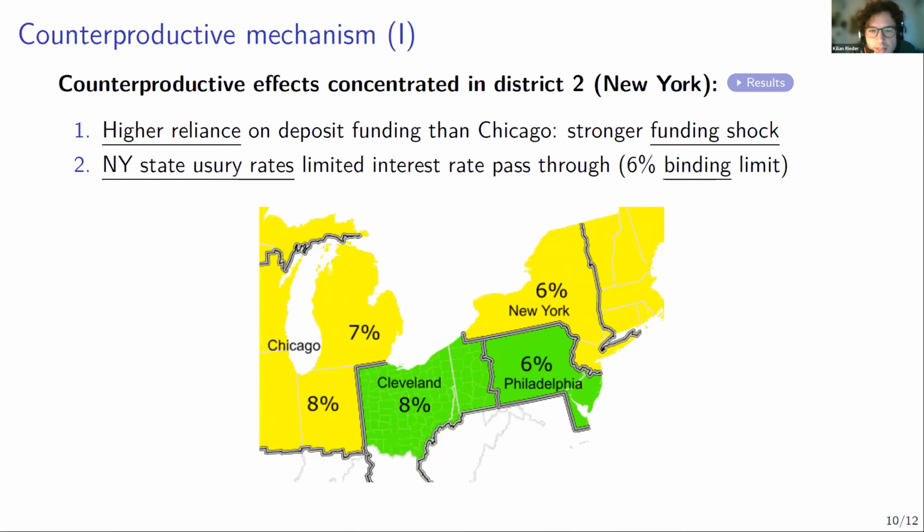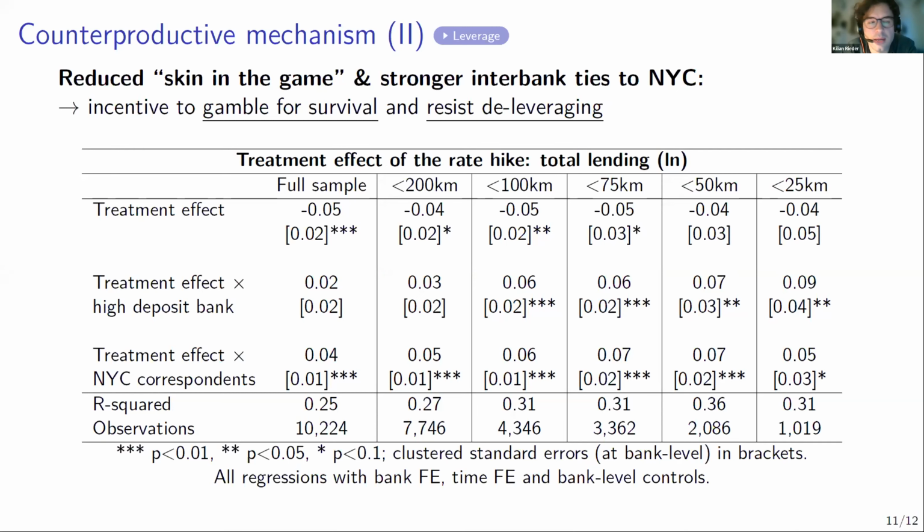So that's something that you can see also in this graph here. These two things combined reduced the skin in the game of member banks in the New York district. And together with stronger interbank ties to New York City, it allowed them to raise additional funds, to gamble for survival and resist deleveraging in reaction to the uniform rate hike.